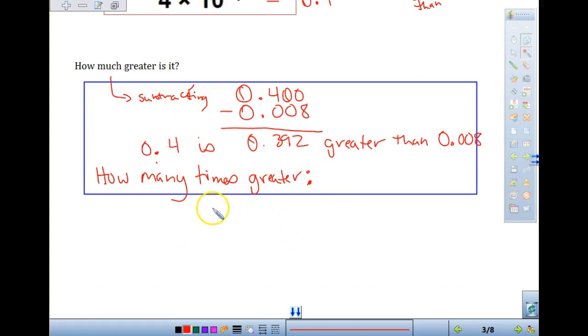If we're taking how many times greater, we're actually going to do division. And we are going to take the larger number and you're going to divide it by the smaller number. So if you have your calculator, you can take out your calculator. We're taking 0.4 and we're dividing it by 0.008.